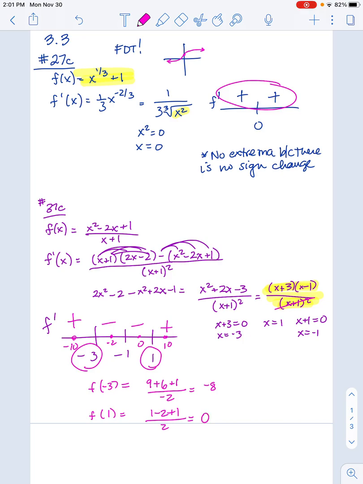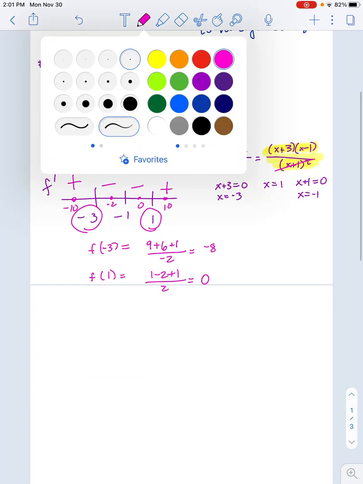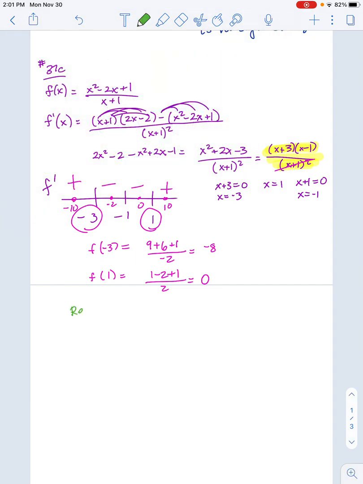So if I put all of this together, I think I switched to green for this part, I have a relative negative 8 that must be a maximum because it goes from plus to minus there, and at 0 it must be the minimum because the sign change goes minus to plus.